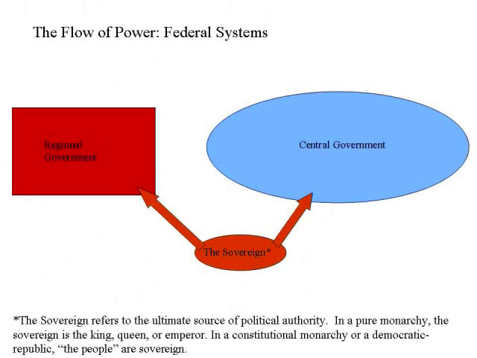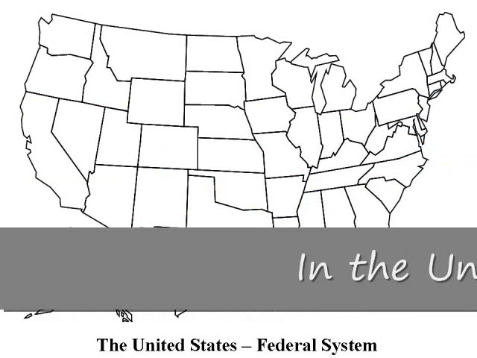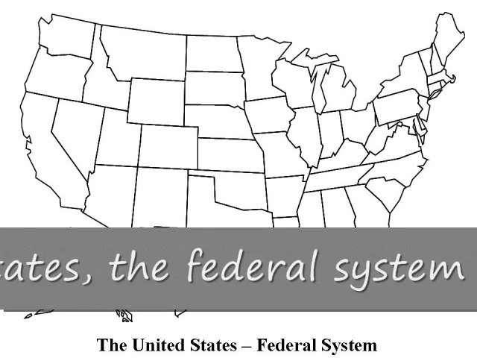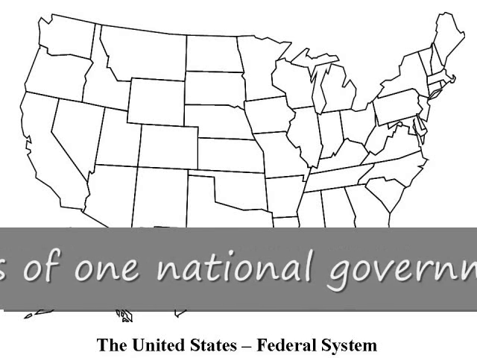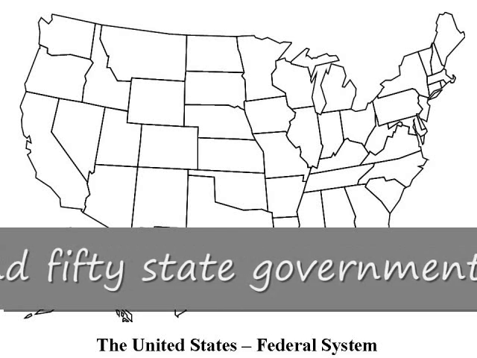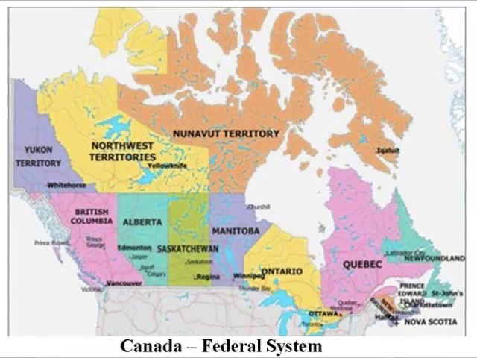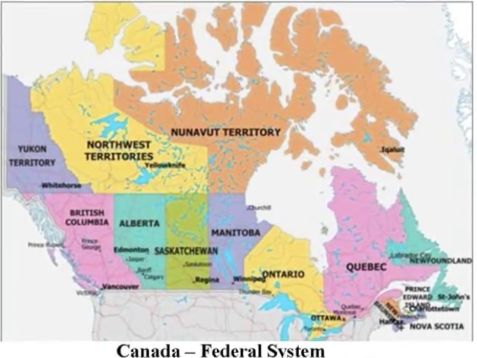In each of these countries, both the central government and the regional governments derive power from the people and exercise power directly over them. In the United States, we call the central government the national government, and we call the regional governments the states. In Canada, the regional governments are called provinces.